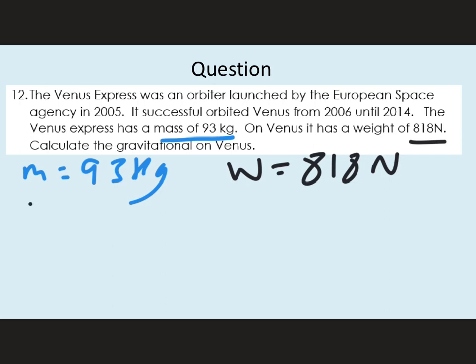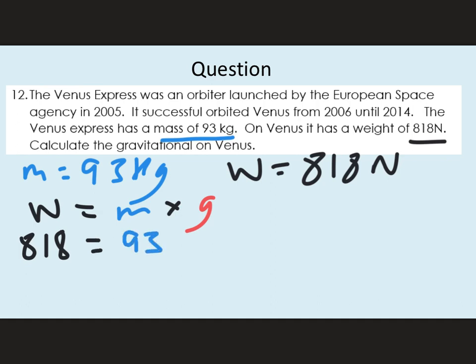So first of all, we're going to need the equation that W is equal to M times gravitational field strength G. Put the numbers in, 818 equals 93 times gravitational field strength.